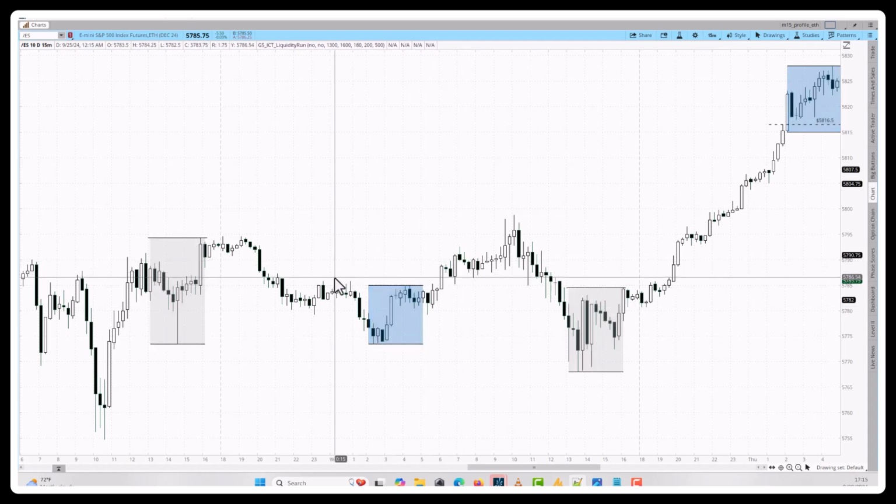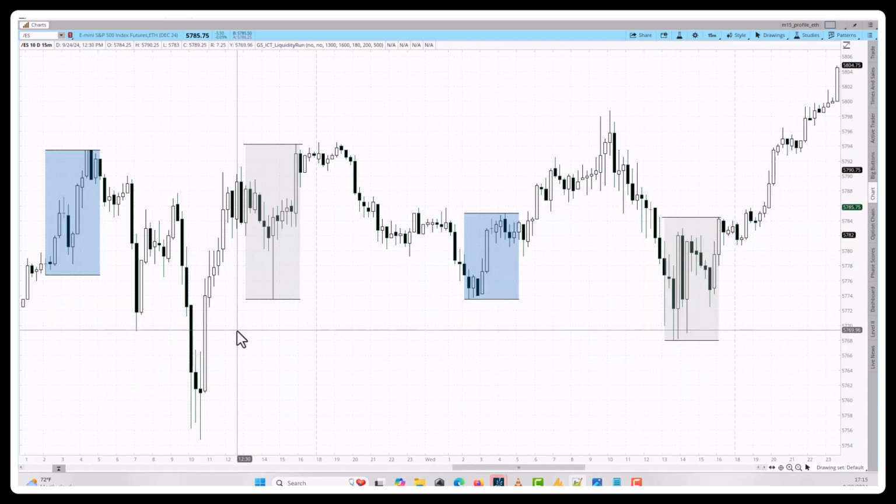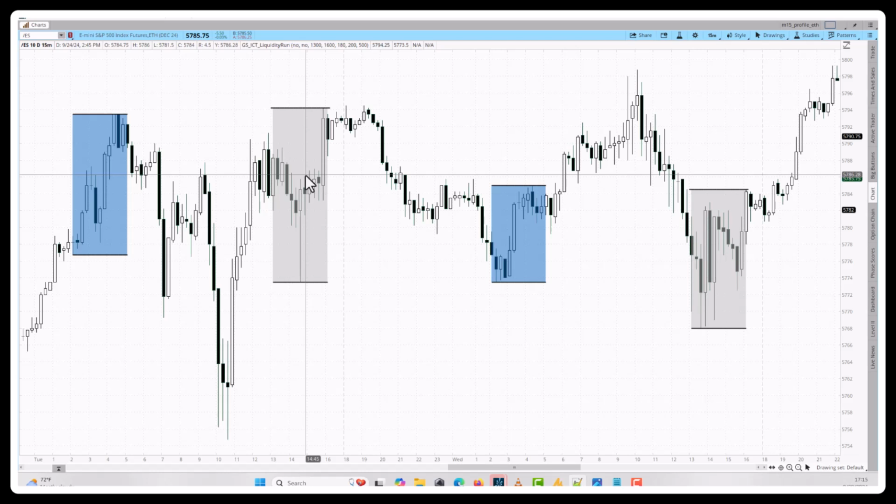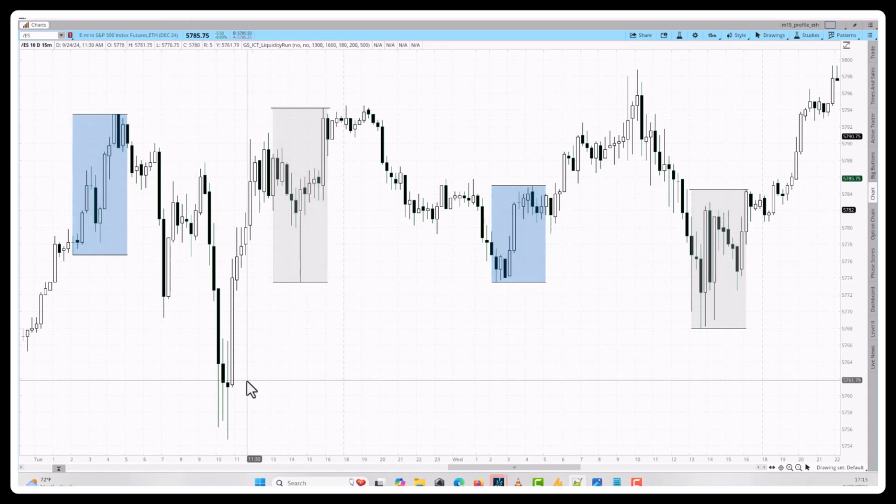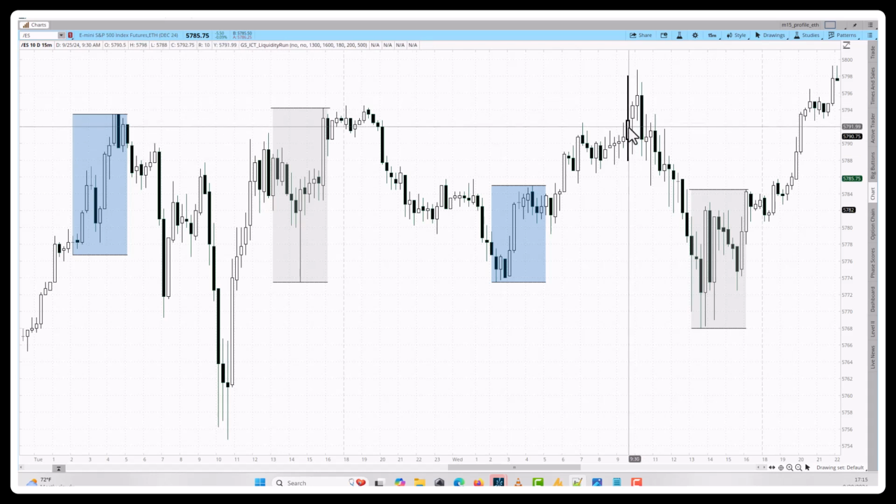The best is we want it to rate both the previous day PM and the London. In this case, the PM is the high right there, so we want to wait for the 9:30.